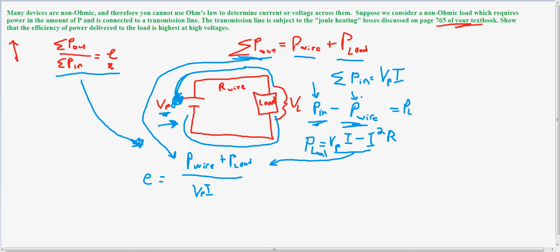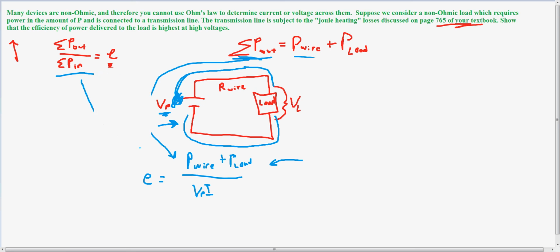So what I end up getting, taking out my work right here, is that VP I minus I squared times R, divided by VP I, is equal to E. Then I cancel these two out, and that I is also divided.